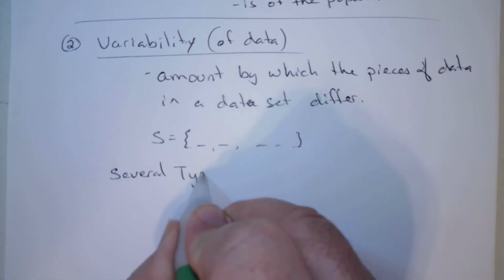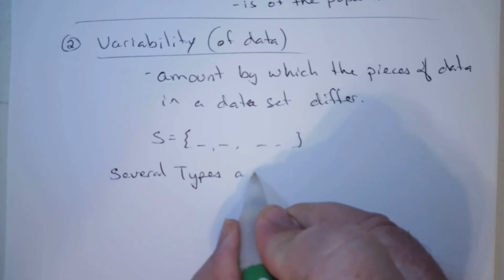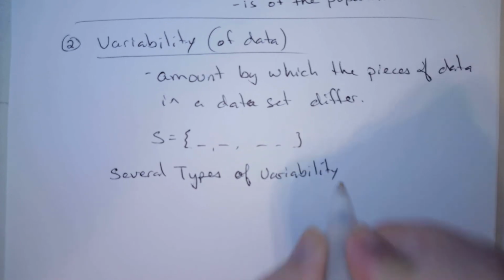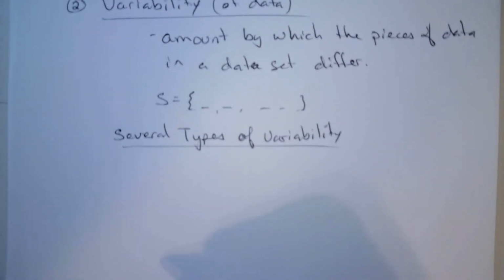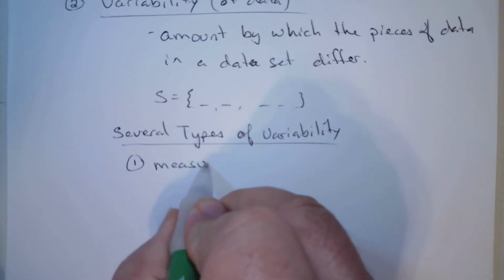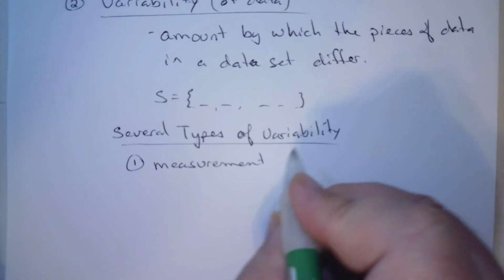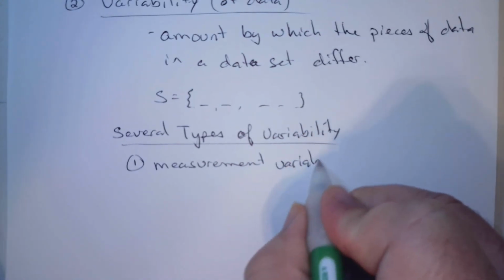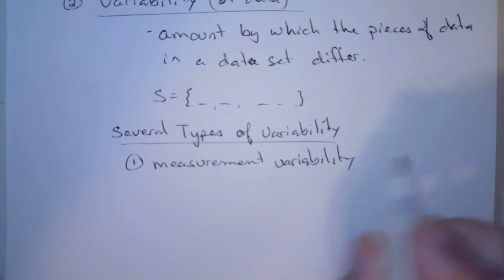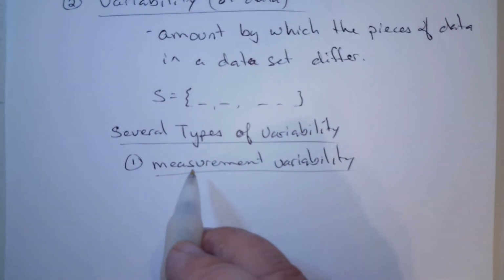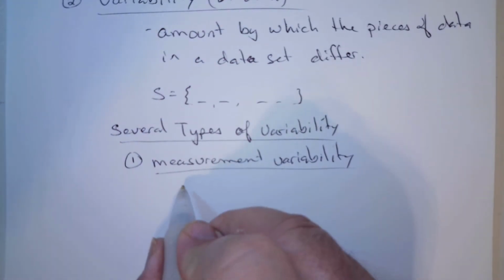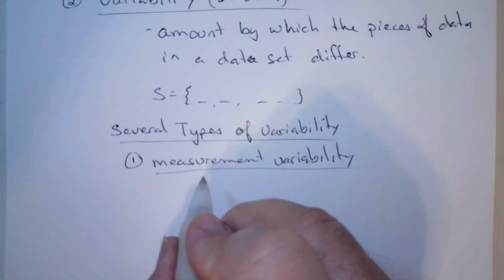There are several types of variability. Okay, so the first type: measurement variability. The word measurement means a couple of things. One, it could be how humans do things.